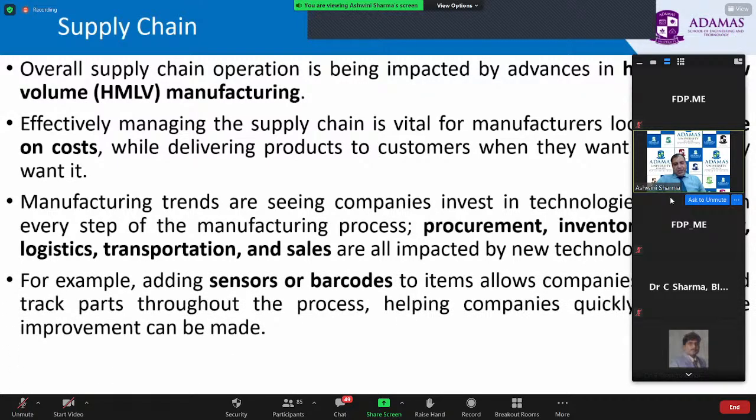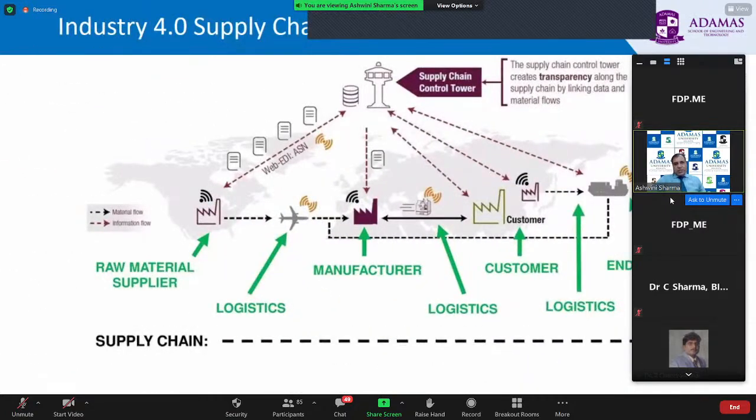So in the entire value chain or entire supply chain, if we put in this kind of automation by putting up sensors and barcodes, it increases efficiency very simply. And this is how it looks. Industry 4.0 supply chain. Now Industry 5.0 is also in the picture now. People are researching that.